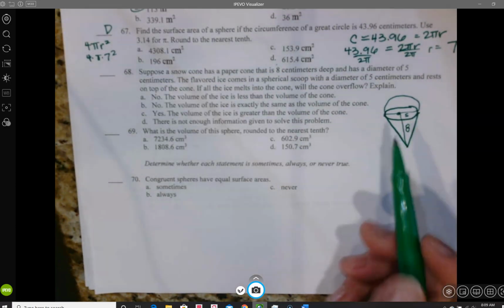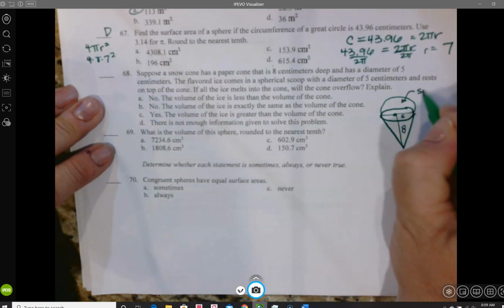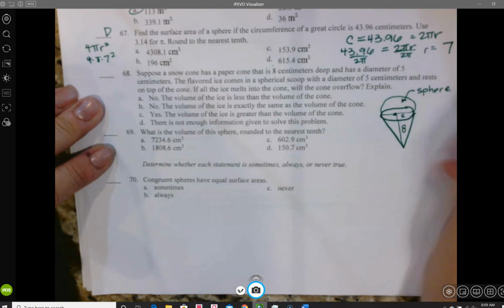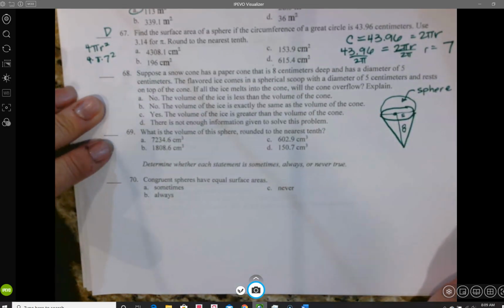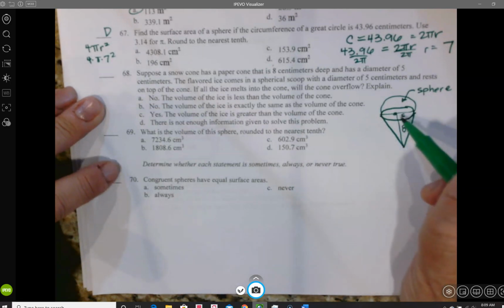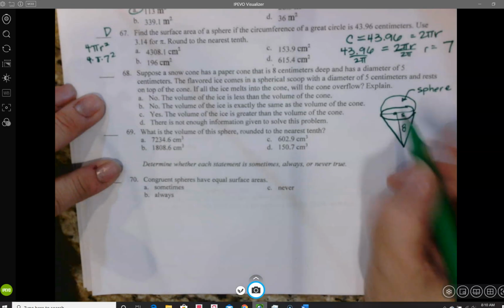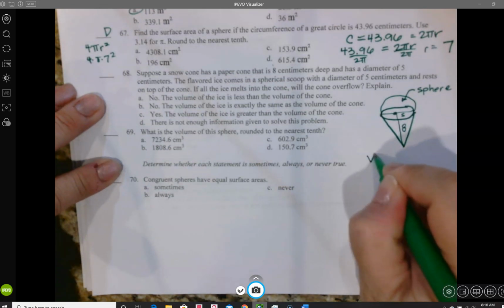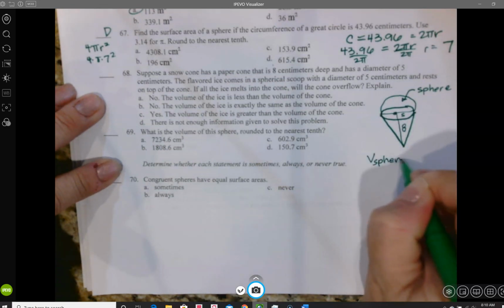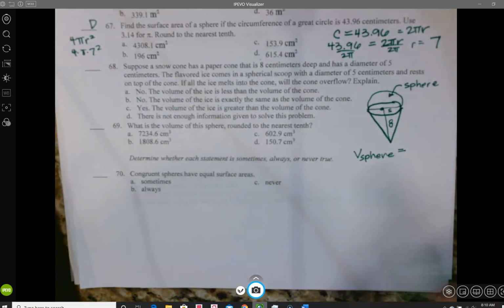So what they're asking about is, what's the volume of the sphere? And what's the volume of the cone? And so really, you just need to find the volume of both and then compare. So we are going to find the volume of the sphere, which is, I believe, 4/3 pi r cubed.